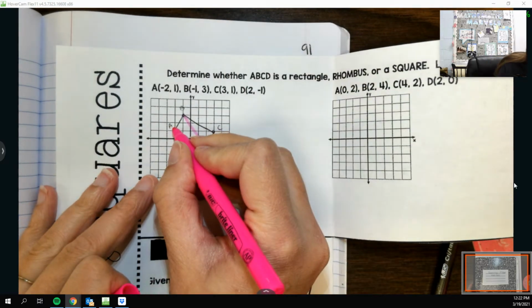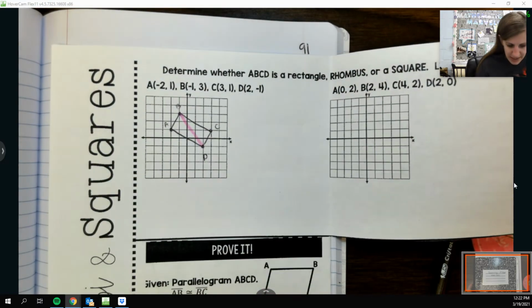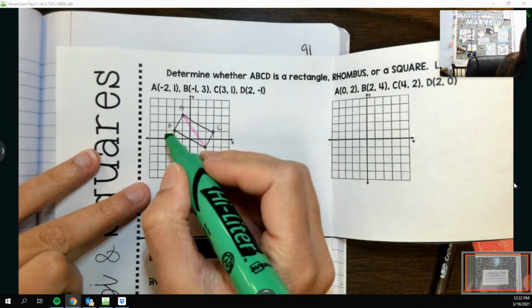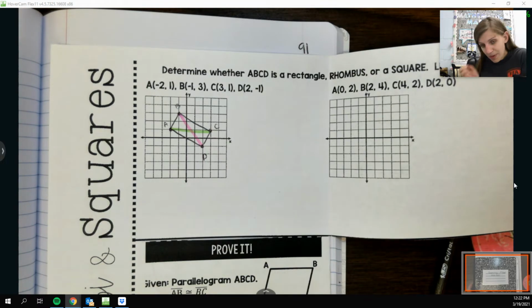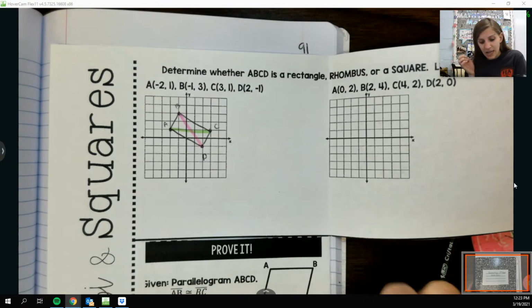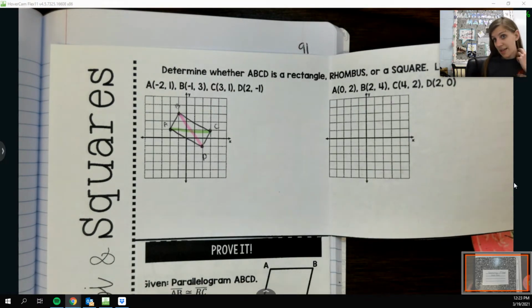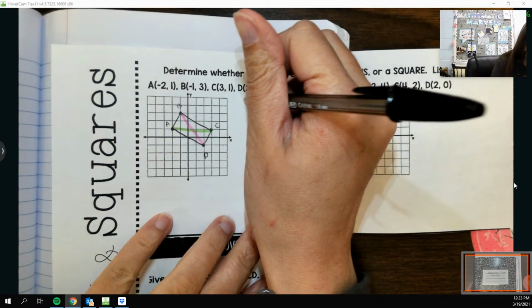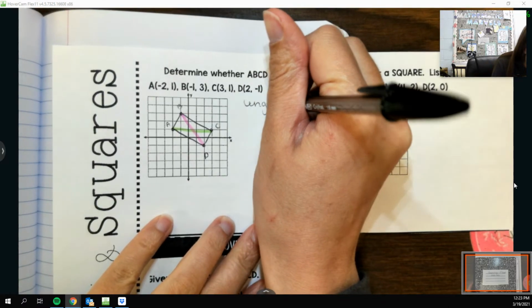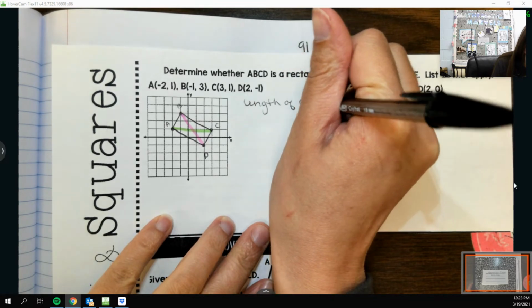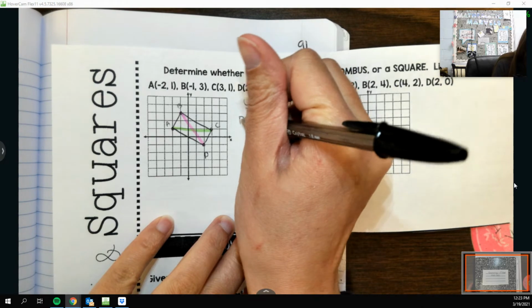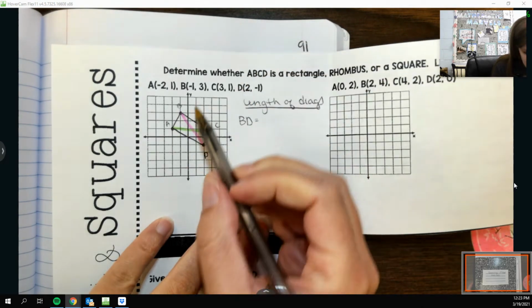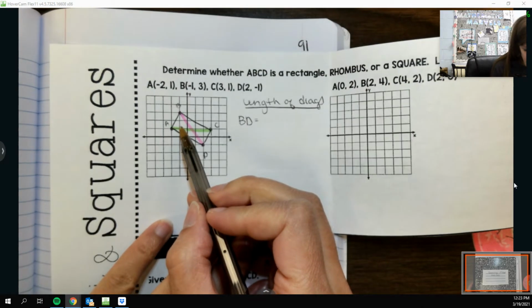So if I draw in my 2 diagonals here, the super fun fact about the diagonals in a rectangle, if that's what I think this is, is that they're the same length. So I'm going to find the length of the diagonals. If we do BD, I'm going to have to count rise and run.